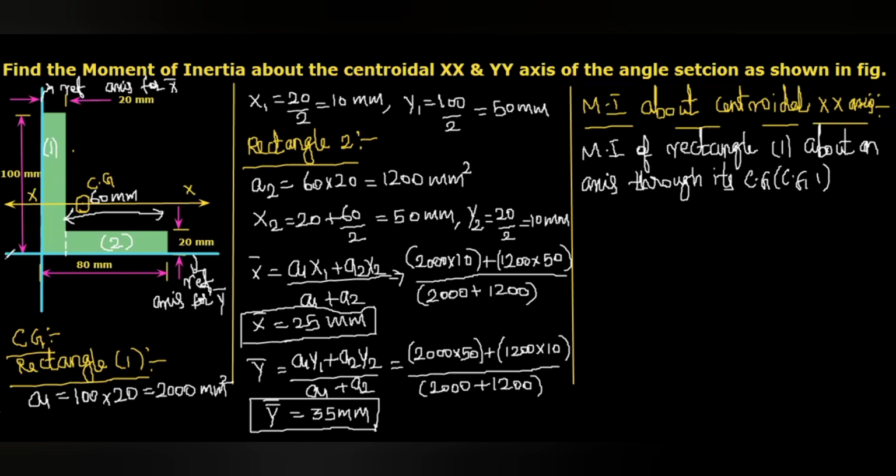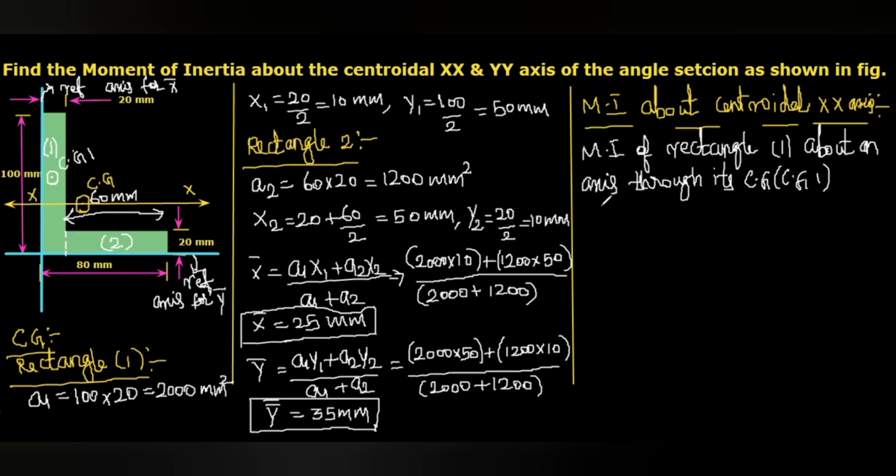Okay, here you can see the center of gravity 1. We know that x1 is 10 mm and y1 is 50 mm. That means from this side, the center of gravity is 50 mm. That means the CG1 will be here. Okay, this is CG1. From here 10, from here 50. So the x-axis passes through its center of gravity. That means through this axis.